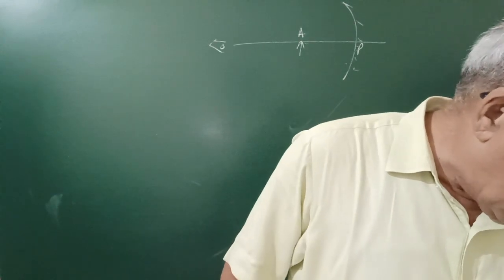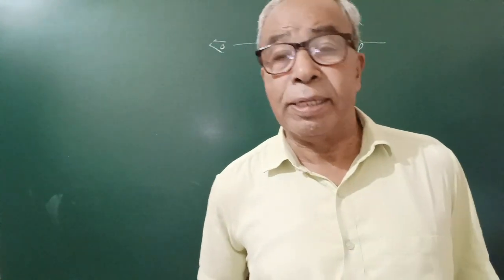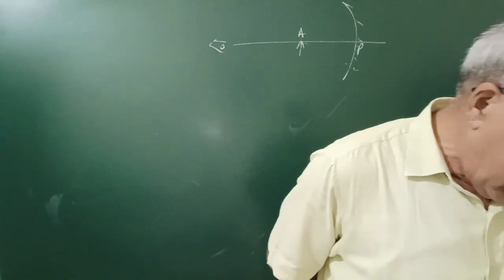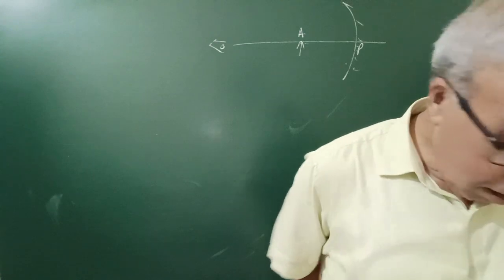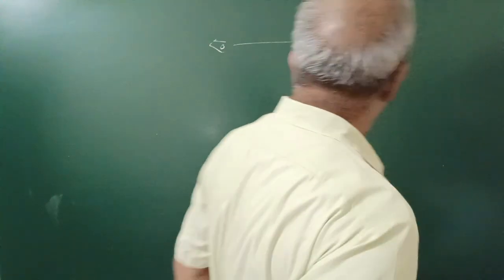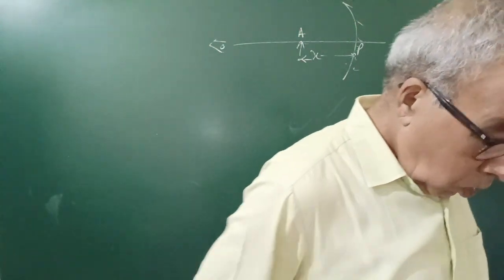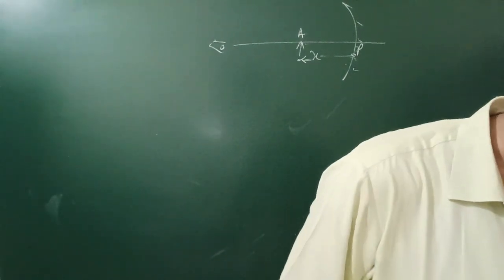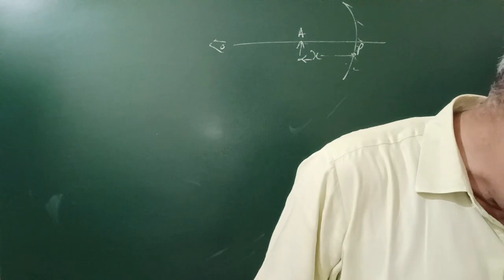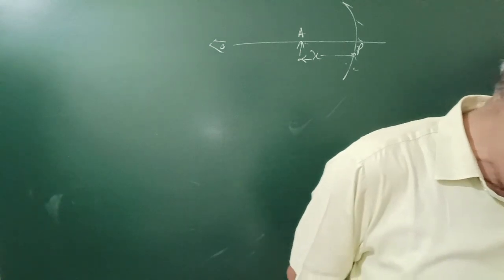I am repeating the question. In an experiment to determine the focal length f of concave mirror by UV method, a student places the object pin A on principal axis at distance x from the pole P. The student looks at the pin and its inverted image from a distance, keeping his or her eye in the line PA.